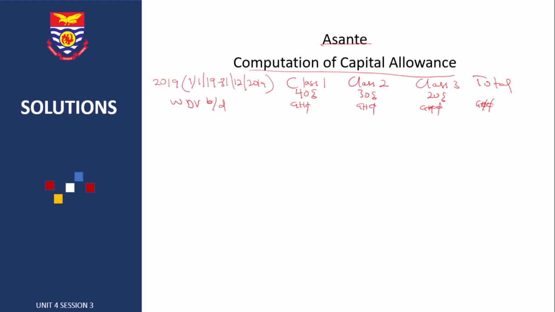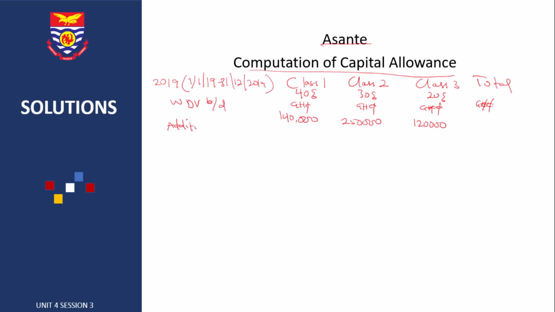For class 1, we have computer and accessories to be 140,000. For class 2, we had motor van, which gave us 250,000. And then class 3, we had office equipment, which gave us 120,000.